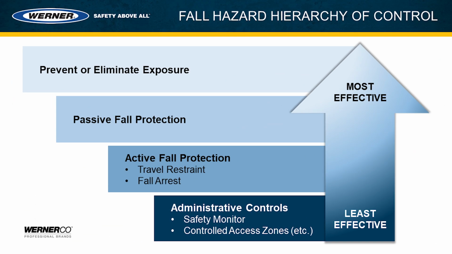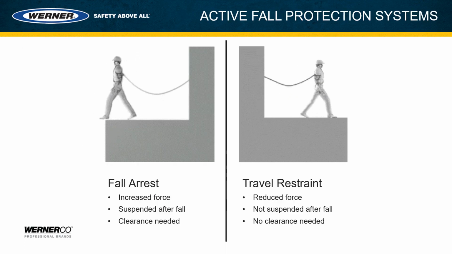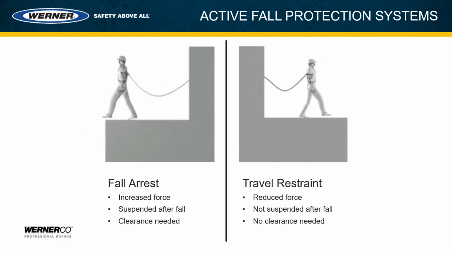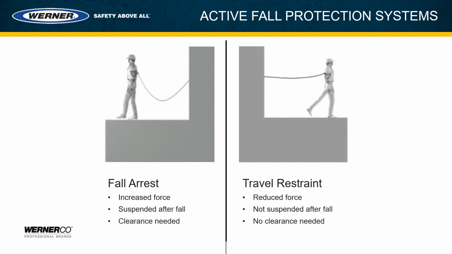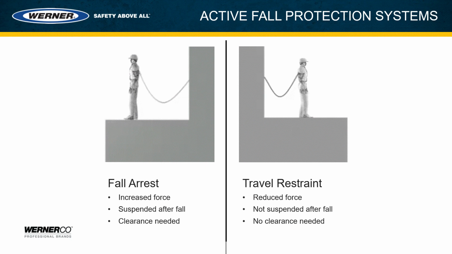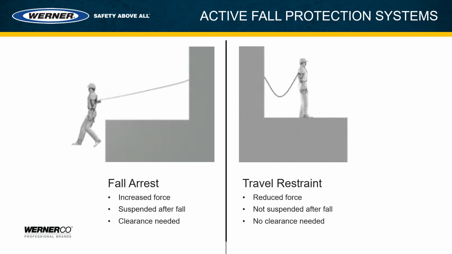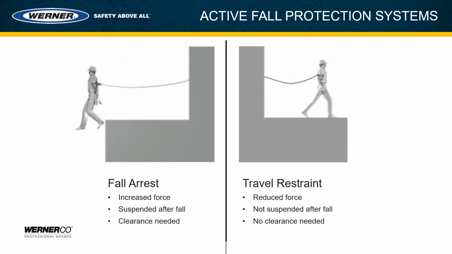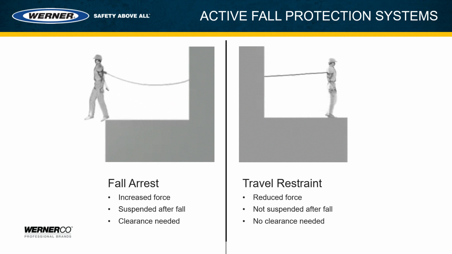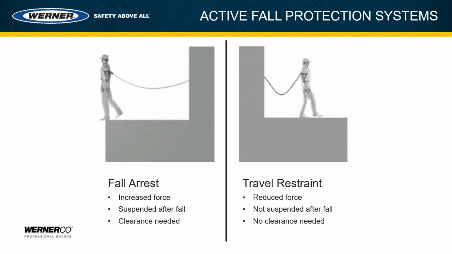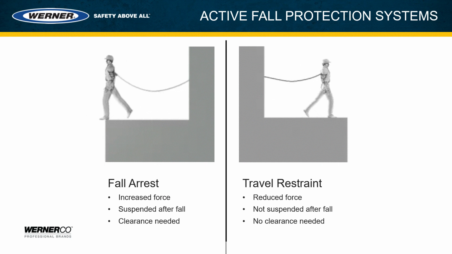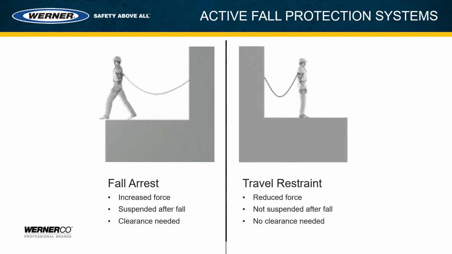Now, active fall protection gets a little more complicated. There are two types of active fall protection: travel restraint and fall arrest. With travel restraint, the worker is anchored and connected to the anchor in a way that they are unable to reach past the edge of the fall. With fall arrest, the worker's range of travel is allowed to go past the edge, and they will be anchored and connected in a way that allows a fall to happen, but arrests it, and they will be left suspended.